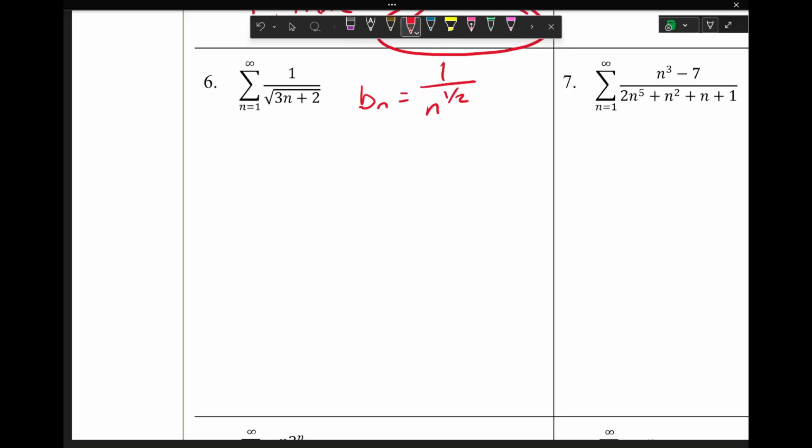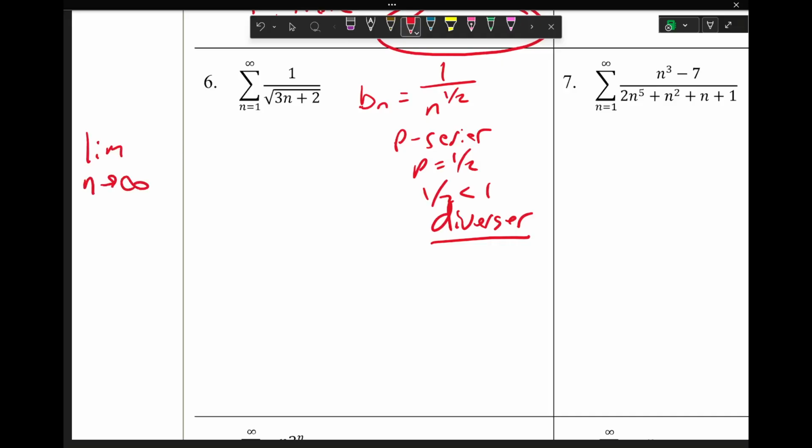Again, sometimes you just don't know. This is also a good pick because I know if it converges or diverges. It's a p-series, p is a half, less than 1, so it diverges. So if I do this limit thing and I get a positive finite number, then I know this diverges too. That's where that would be helpful. It's going to do the same thing as the thing I compared it to.